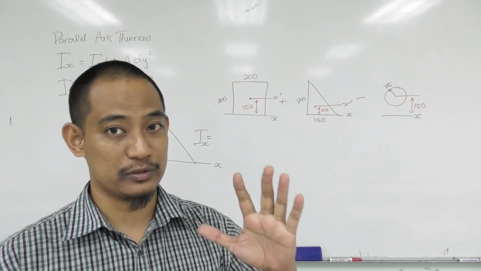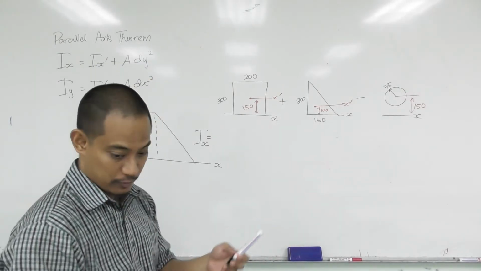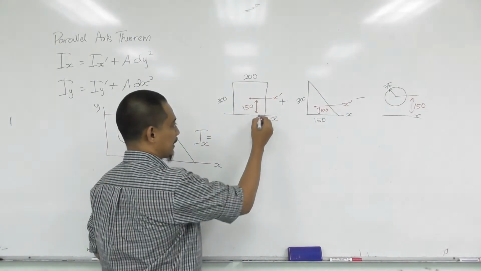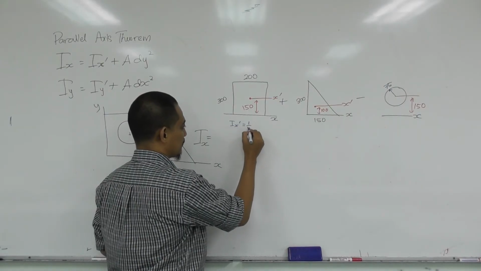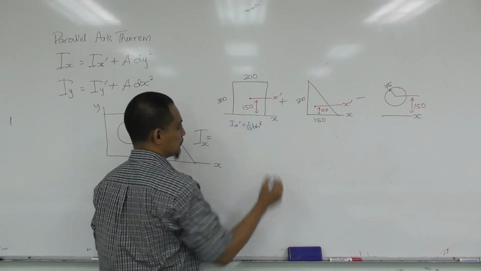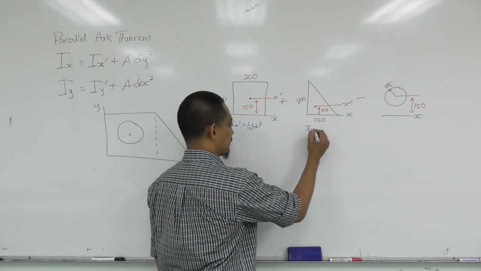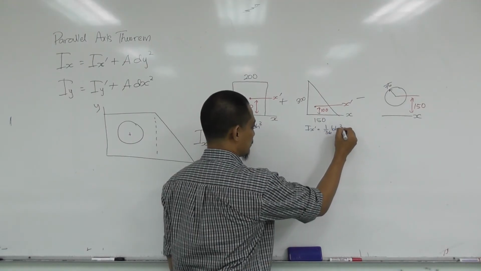so that we do not lose track, right? This is a suggestion for the exam. So for this one, Ix prime is 1/12 bh cube. For triangle, 1/36 bh cube.